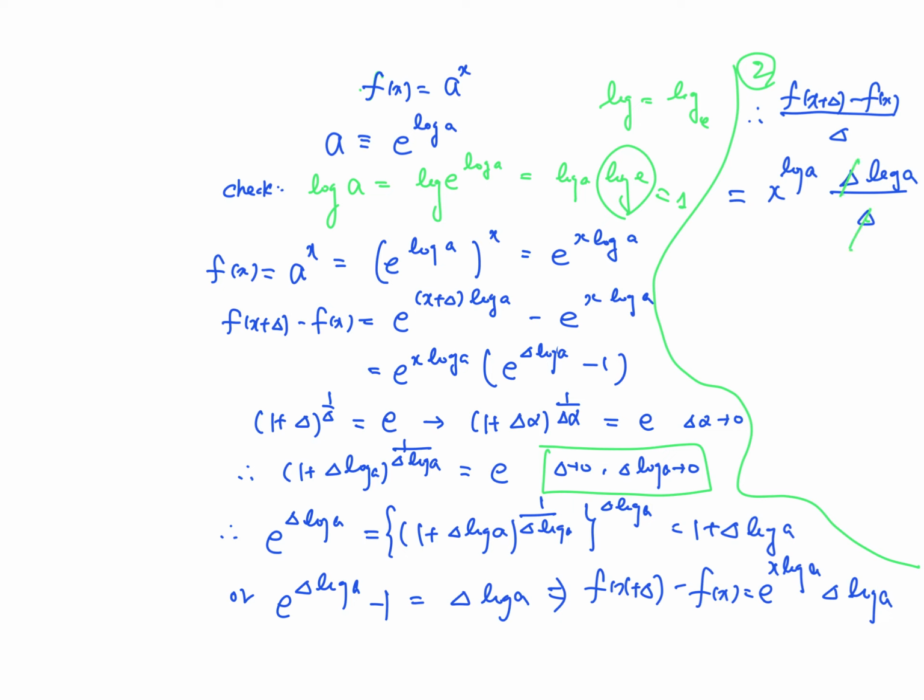And this delta cancels, and it becomes log a times e to the x log a, which is a to the x log a.